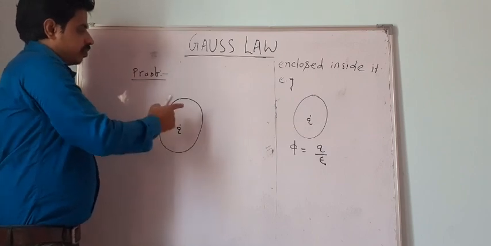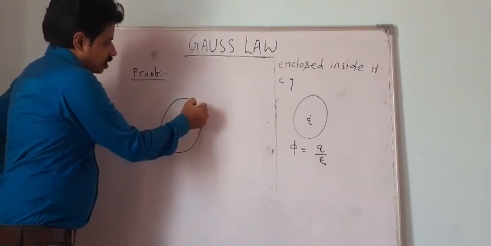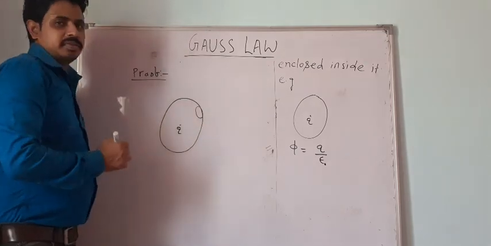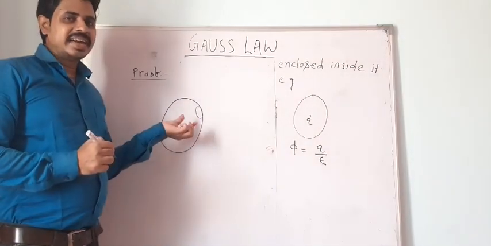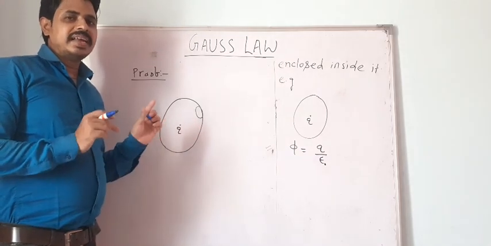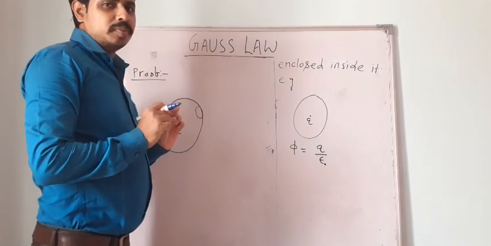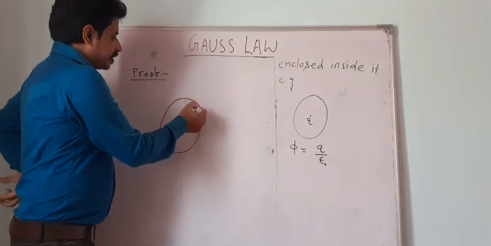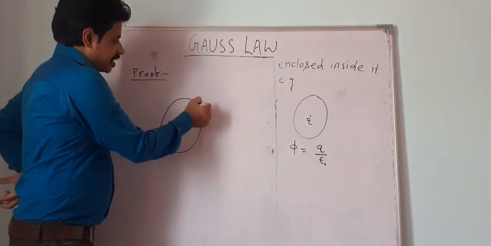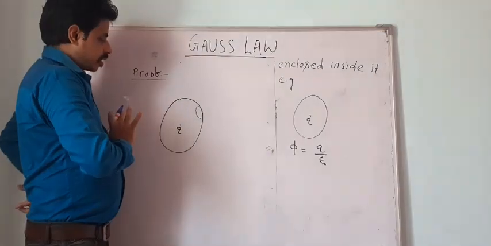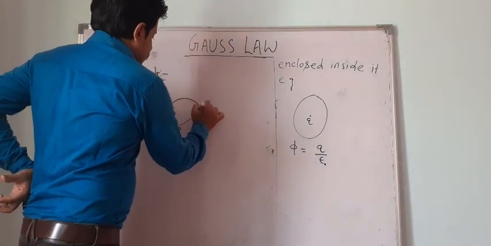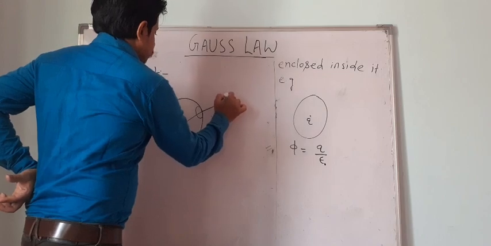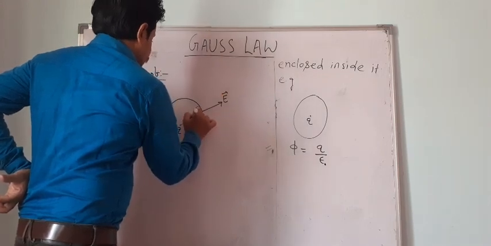So we have to first choose a small surface. First of all, we will choose a small surface such that over which the electric field could be assumed constant. Means we can assume that at least at this area electric field is not varying. And let this distance is r.